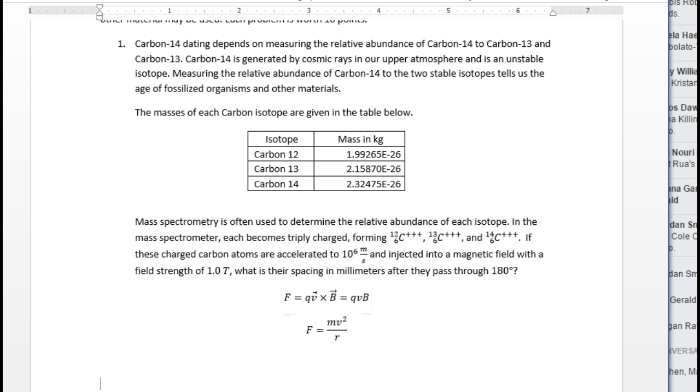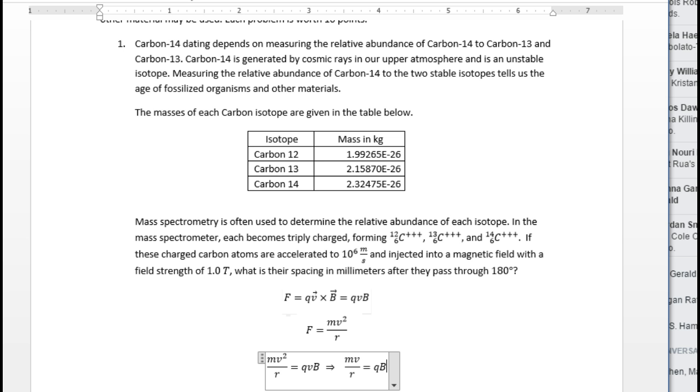The only thing that comes out different for each one of them is the mass. So now the centripetal force equals QVB, right? That yields mv over r equals QB.